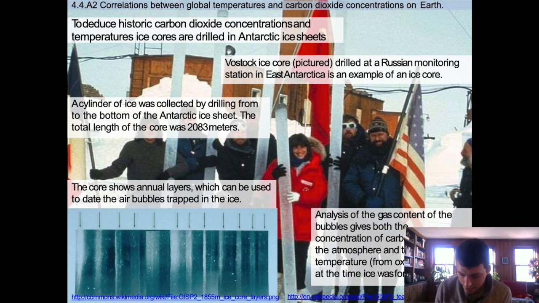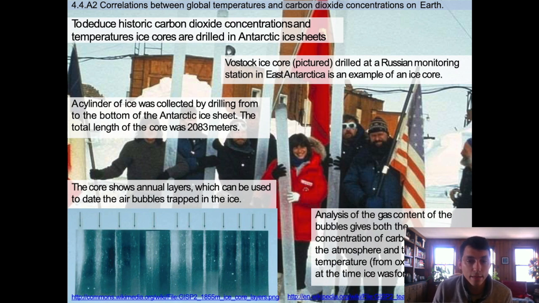And so you can kind of see in this picture that there are these distinct layers, and those show years, essentially. So each year a new layer of ice is deposited, and when it is deposited you can see in there all these little specks, these little speckles. Those are air bubbles. And you can simply directly test those air bubbles.